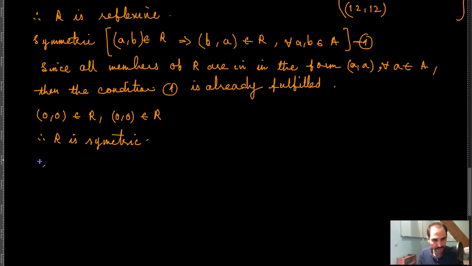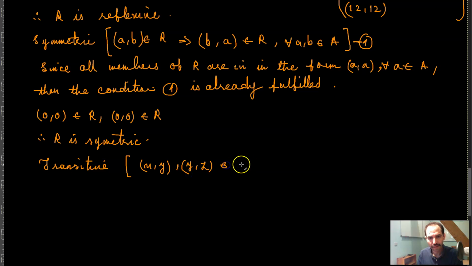For R to be transitive, the condition is that, let's suppose that some x comma y and y comma z belong to R. That has to imply that x comma z also belongs to R. Let's call it condition number 2.